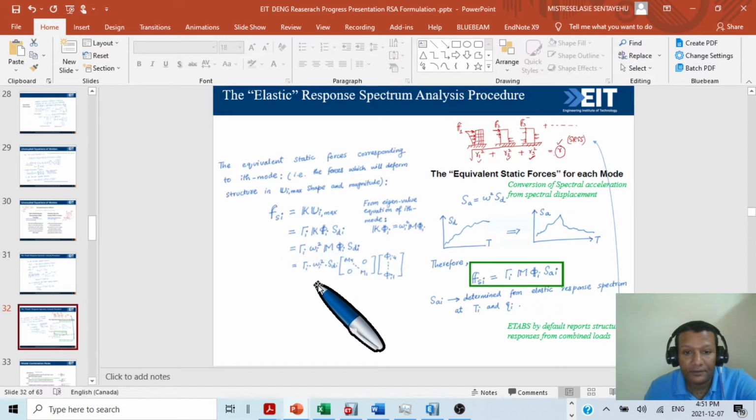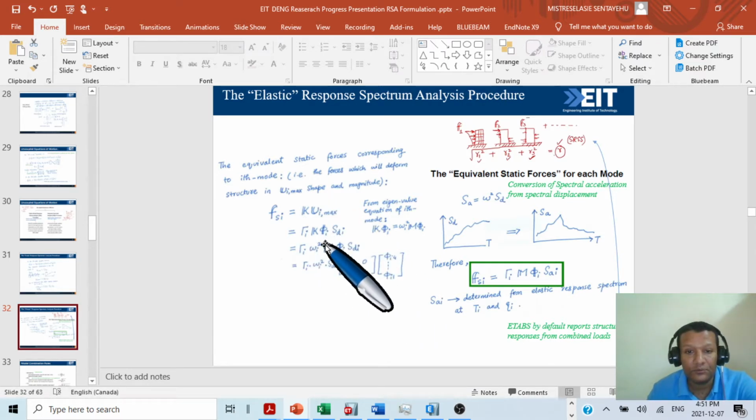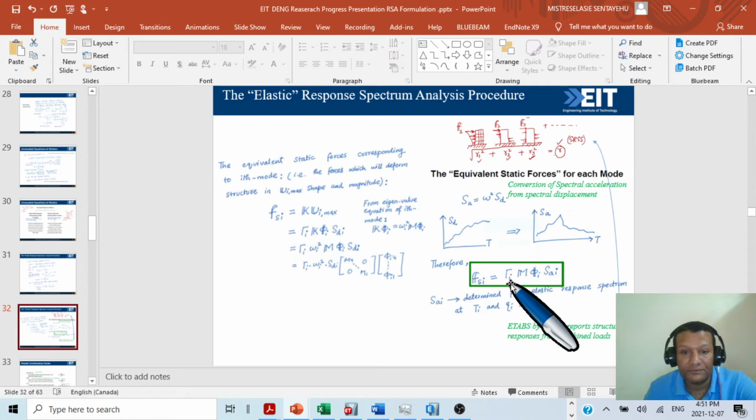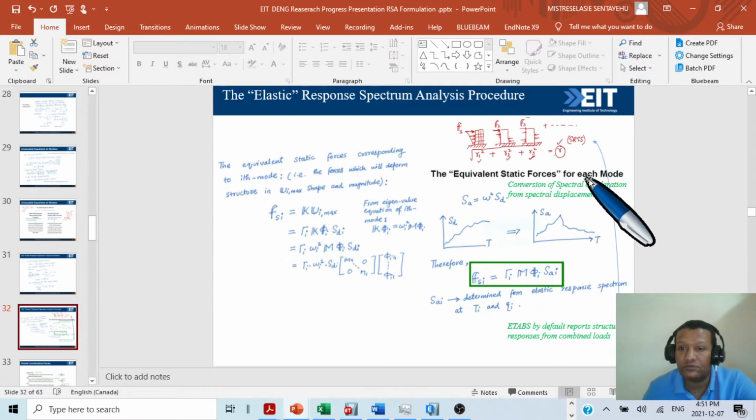This is how we are going to do it. For four floors we have four, because our example is four. Then from this equation we can find F i. This is the same equation. This is the equivalent static force for each mode.